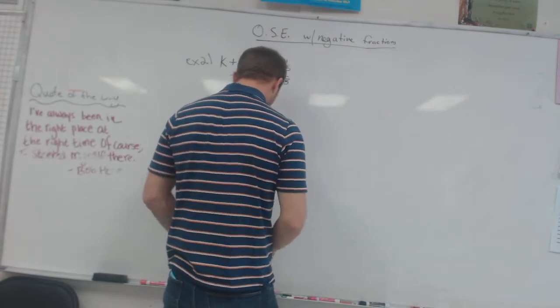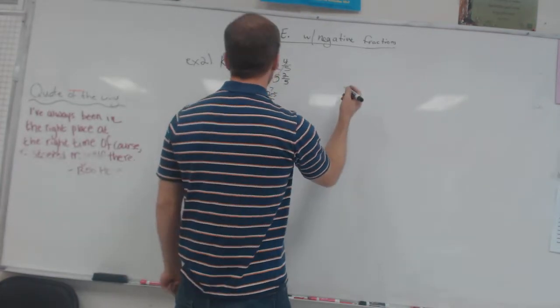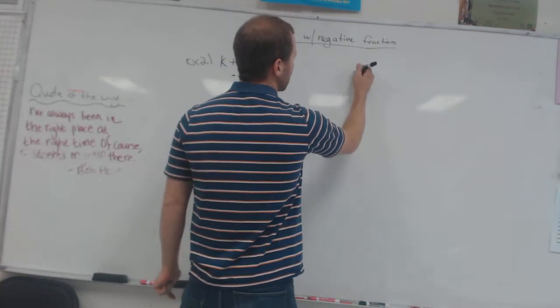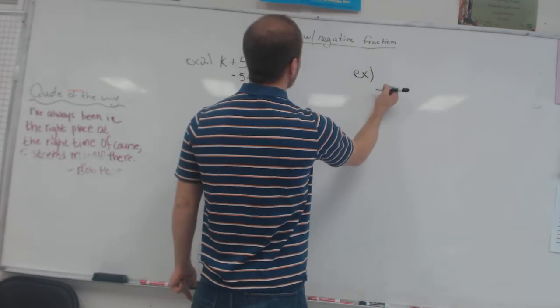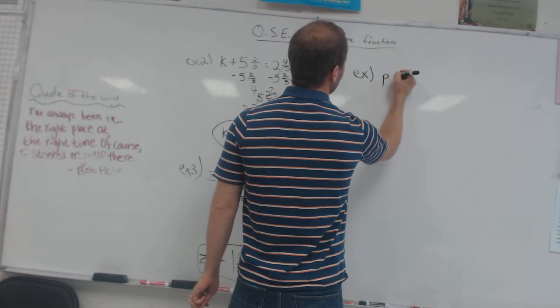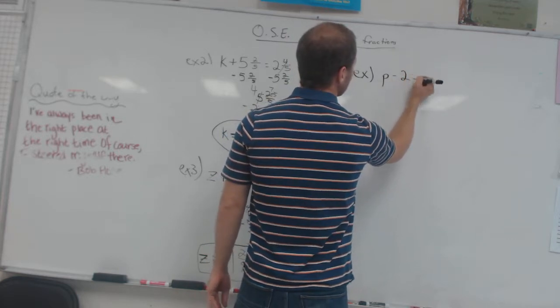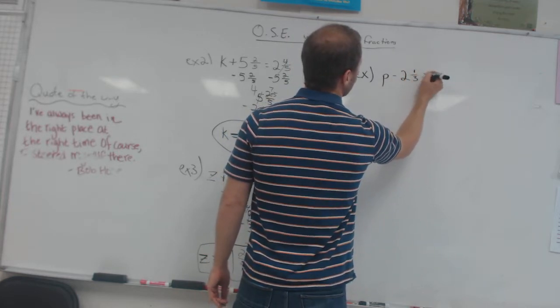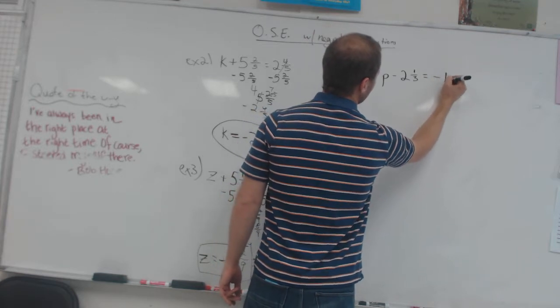And then the last type I want to do, or that last type I showed you for subtracting. So what if I had p minus 2 and 1/3 equals negative 1 and 1/3?